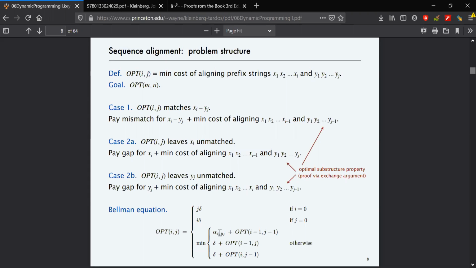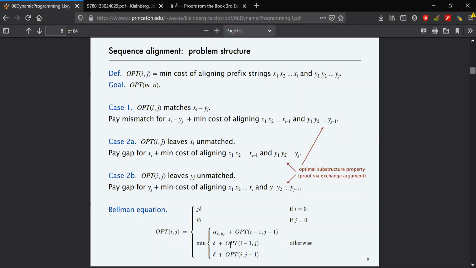If xi is not equal to yj, then you'll have to pay alpha, else this will be 0. So this cost is just for the index i and j, and for the rest, by assumption, you are matching it optimally. So you'll have to pay this additional cost.